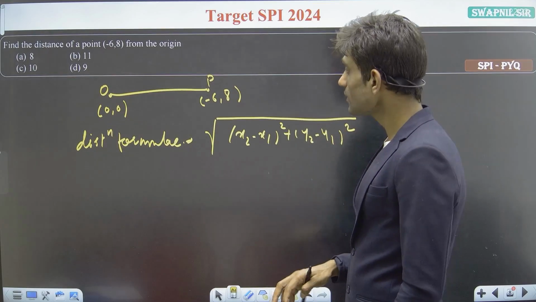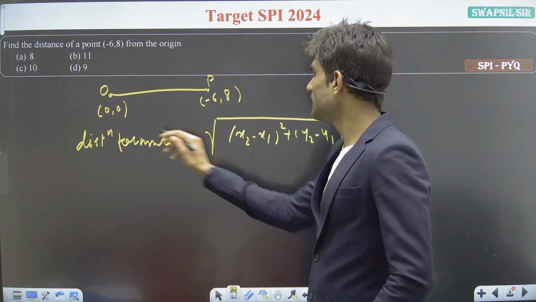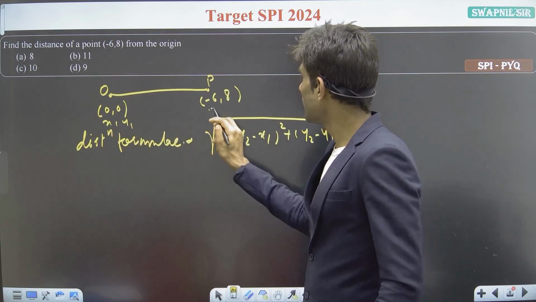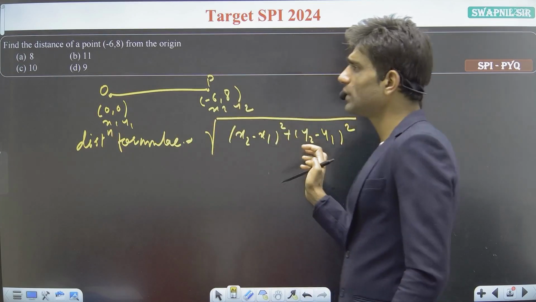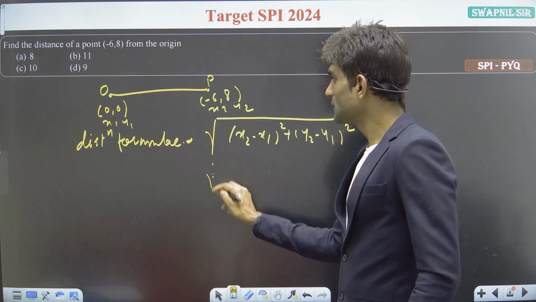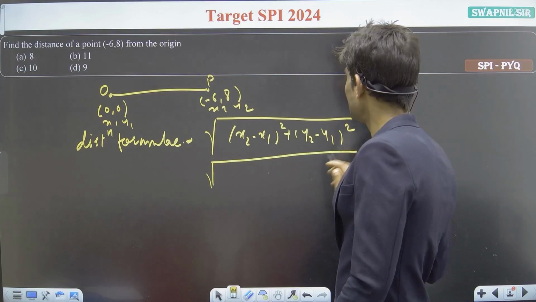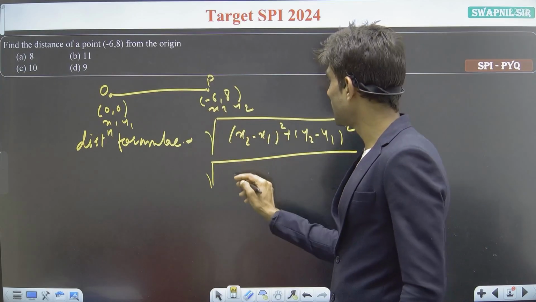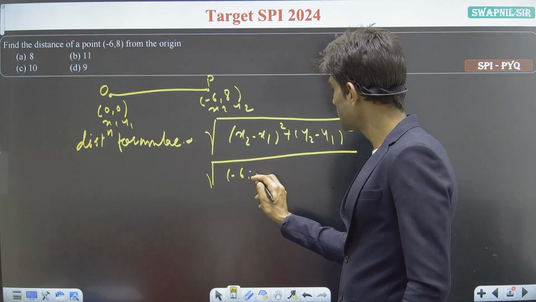This one is the distance formula. Now consider x1, y1 and x2, y2. Substitute all these values here. So we write x2 minus x1, so -6 minus 0.